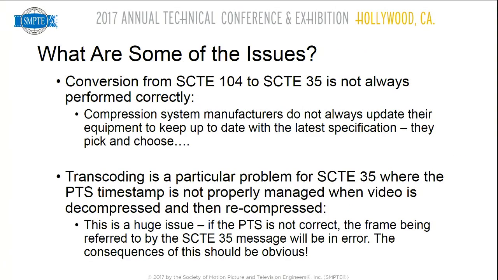Conversion from 104 to 35 is not always performed correctly. Compression system manufacturers do not always keep up with the spec. The 35 spec has been modified multiple times, and compression manufacturers, quite frankly, just haven't kept up.